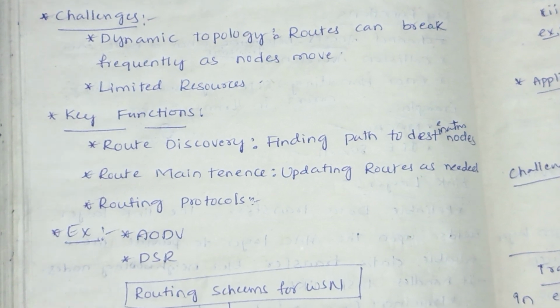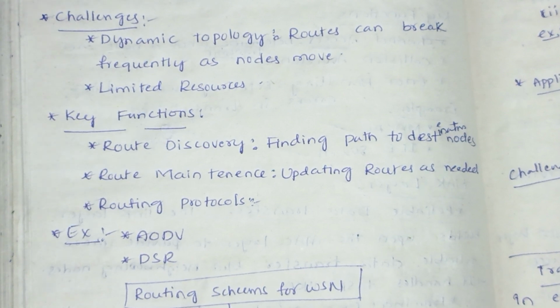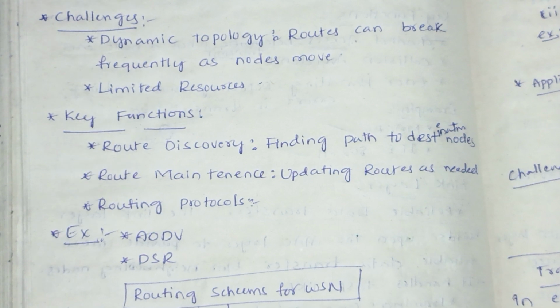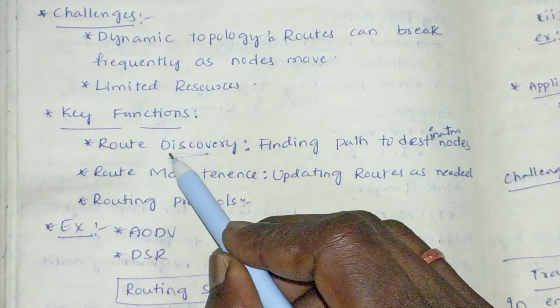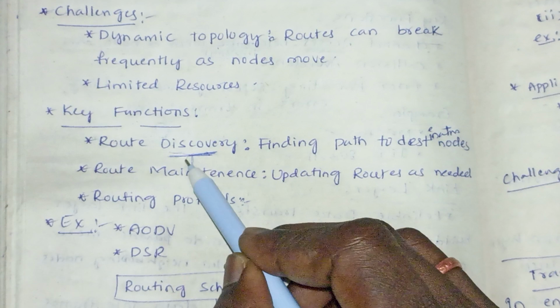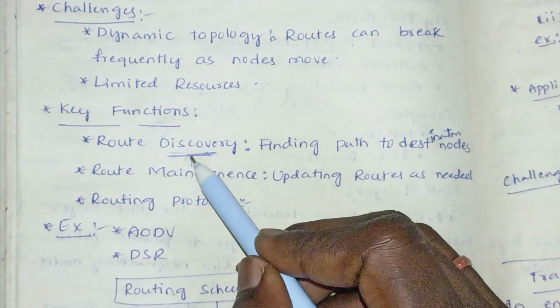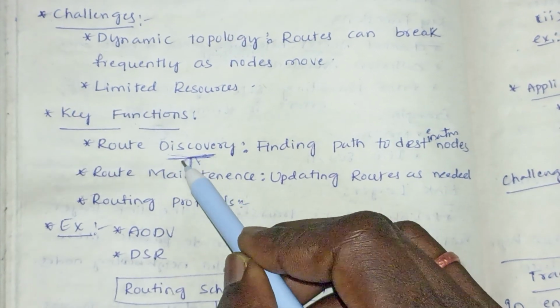This is the route discovery: determining the nodes to send the data from sender to receiver.